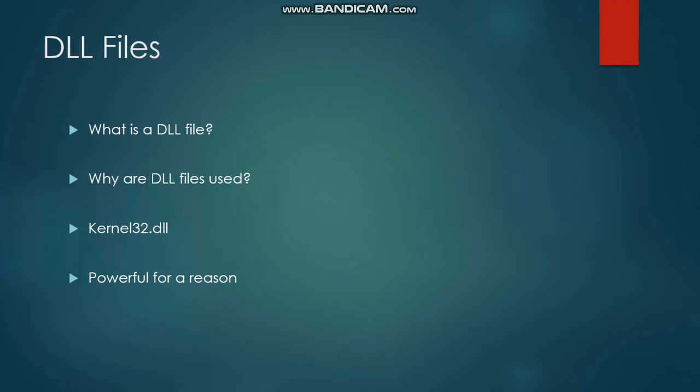Another important concept to understand is what a DLL file actually is and how they are used. A DLL file is a dynamic link library, and it's made up of functions that other programs can call whenever they need them. These files don't run on their own, and so they are different than an executable file per se.